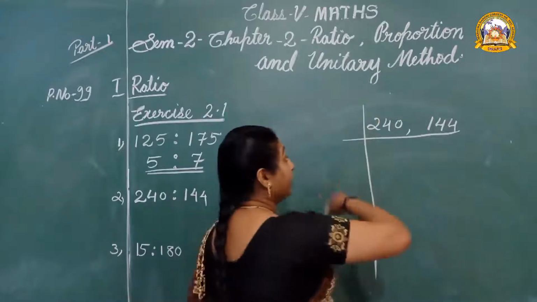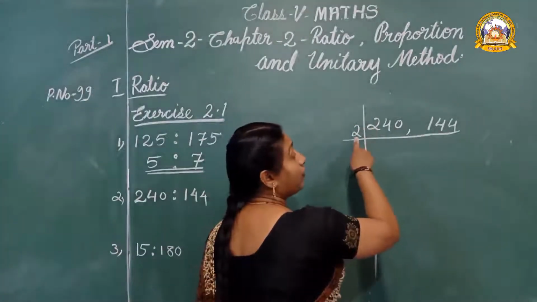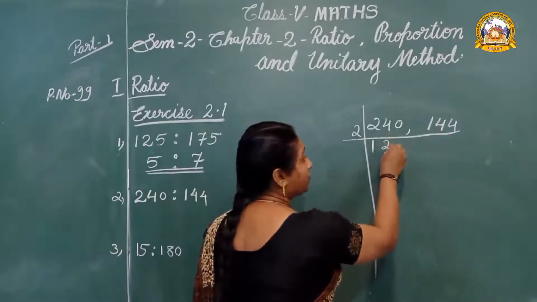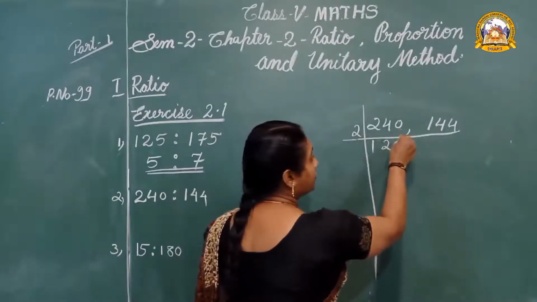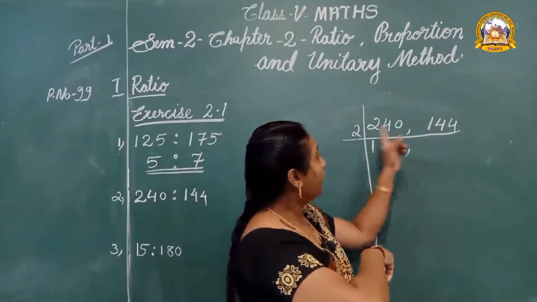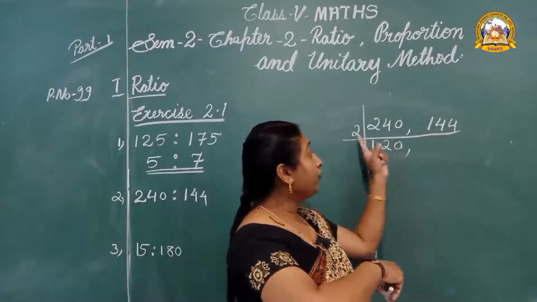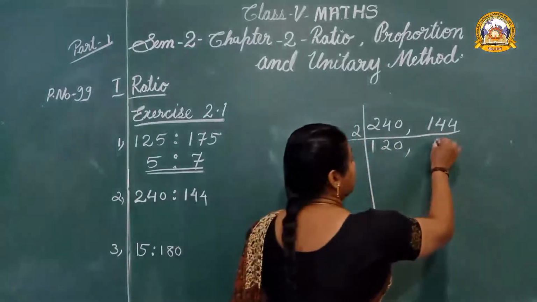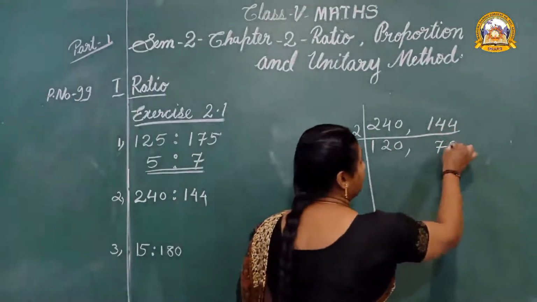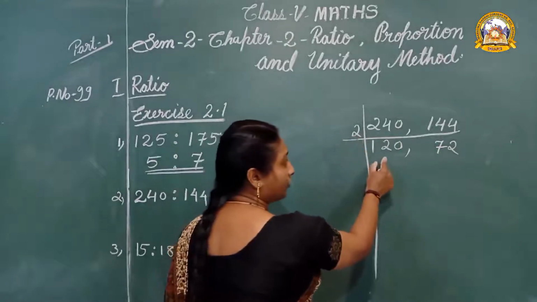So, let us divide them by 2 first. In 2, how many 2s are there? 1. And in 4, 2 times. 2 2s are 4 and a 0. Next, 1 divided by 2? No, we can't. So take 14. 14 divided by 2 is 7. And in 4, how many 2s are there? 2. So 240 divided by 2 is 120.